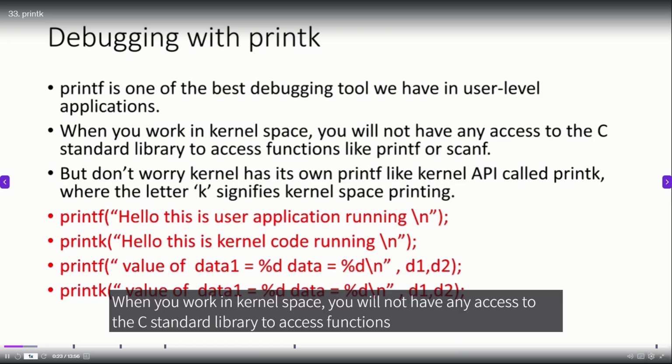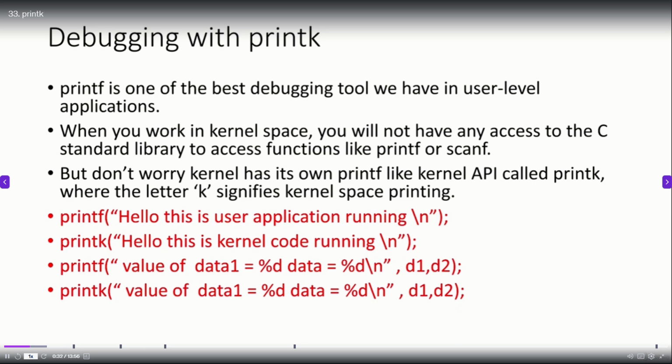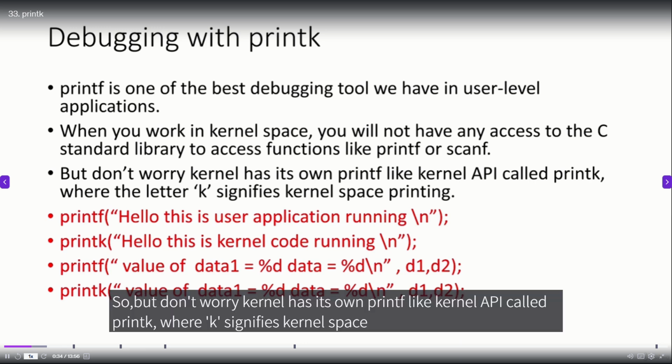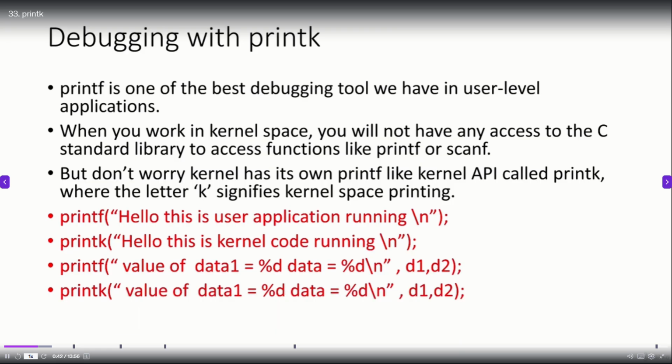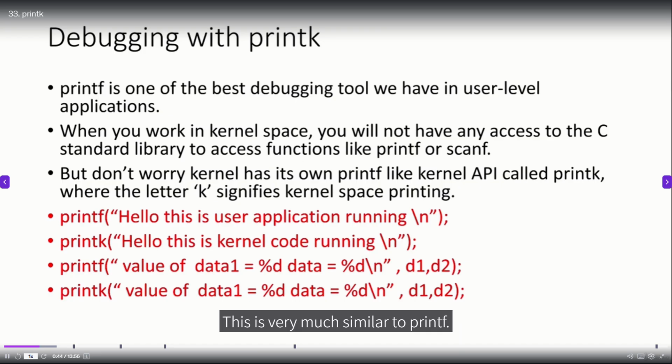When you work in kernel space, you will not have any access to the C standard library to access functions like printf or scanf. But don't worry, the kernel has its own printf-like kernel API called printk, where k signifies kernel space printing. This is very much similar to printf.